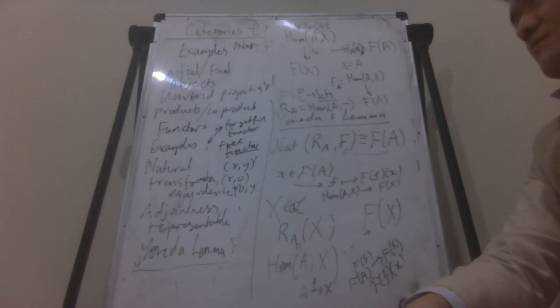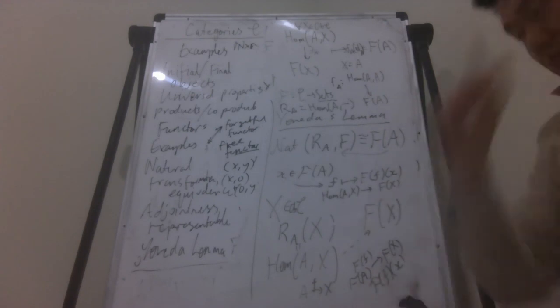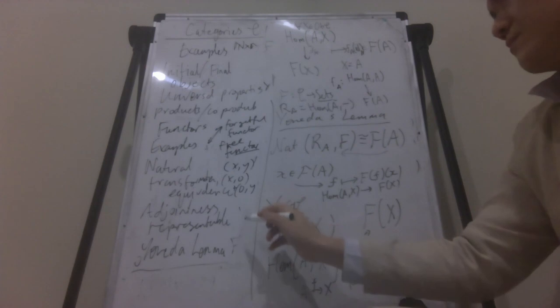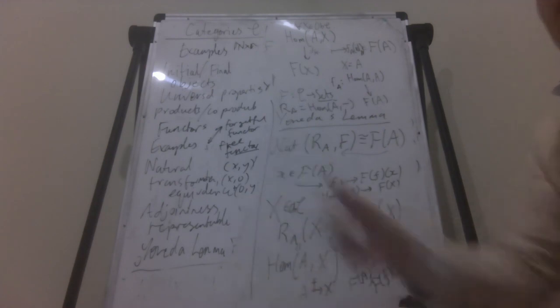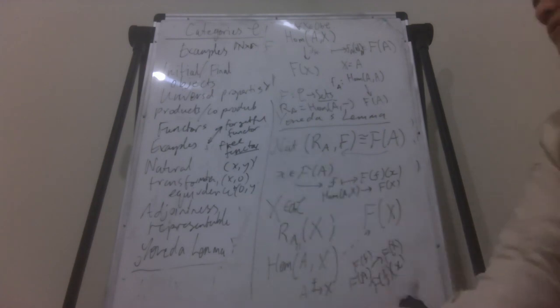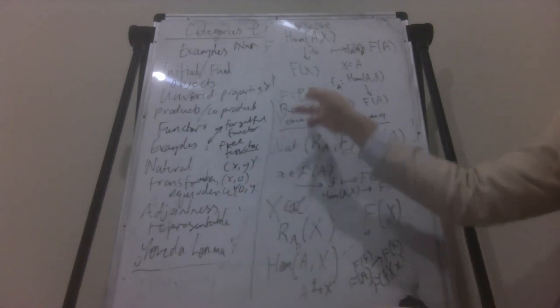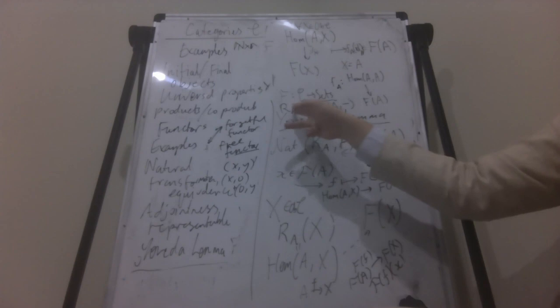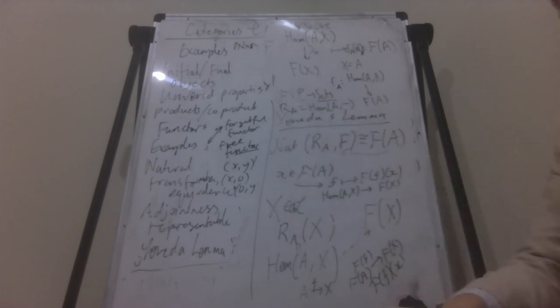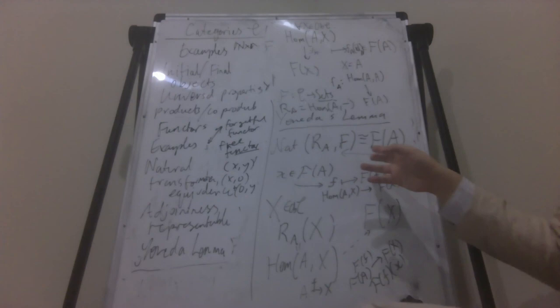So they have this funny property, but I can't go into it right now. Representable we did get to talk about. It's when you have a functor of this form R_A for some object A. I really would have liked to have some time to understand this, but maybe we can do it next time.